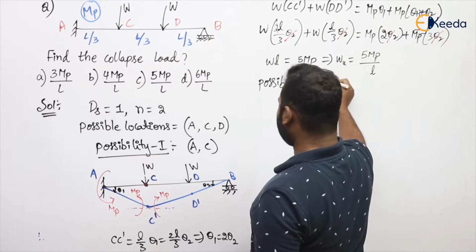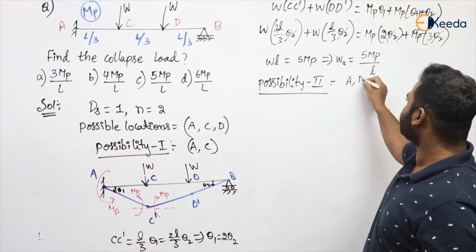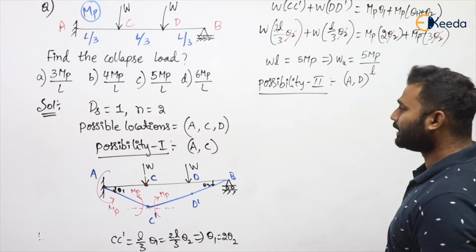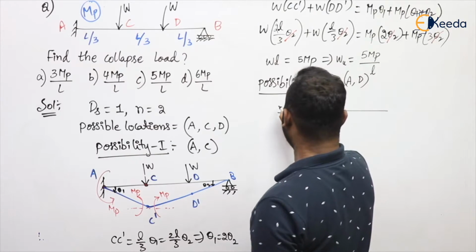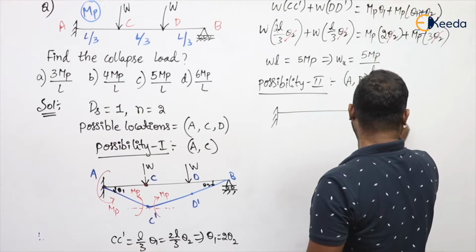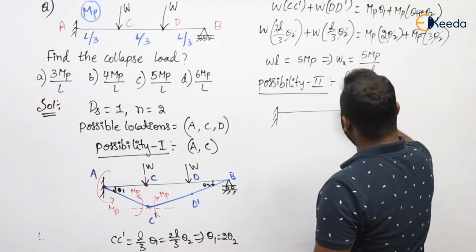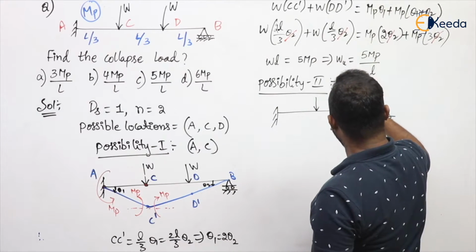Possibility 2, that is hinges at A and D. Draw the beam diagram again. Here the load W is acting, here another load W is acting.